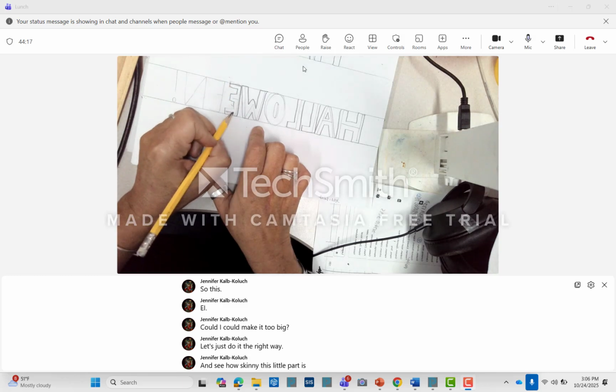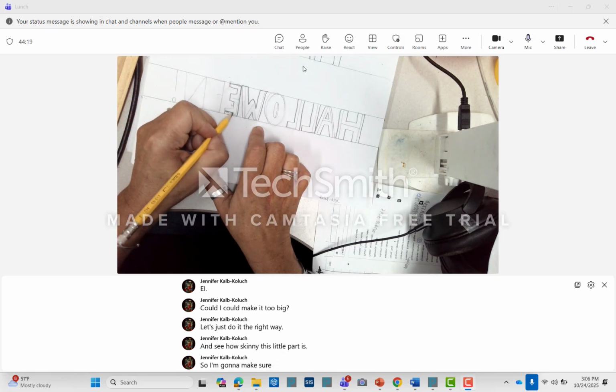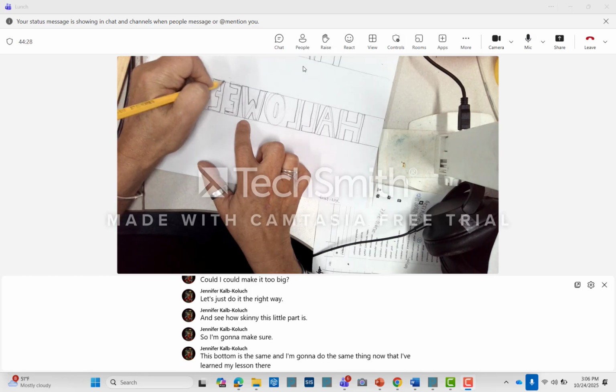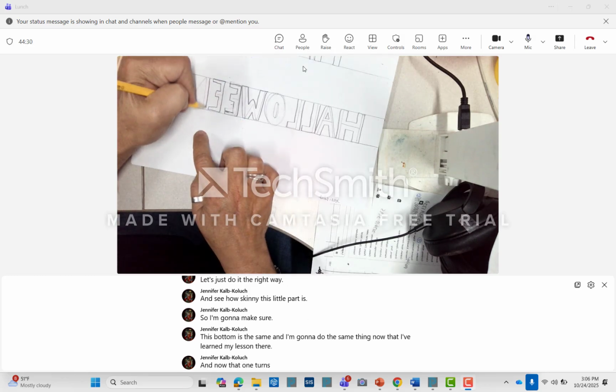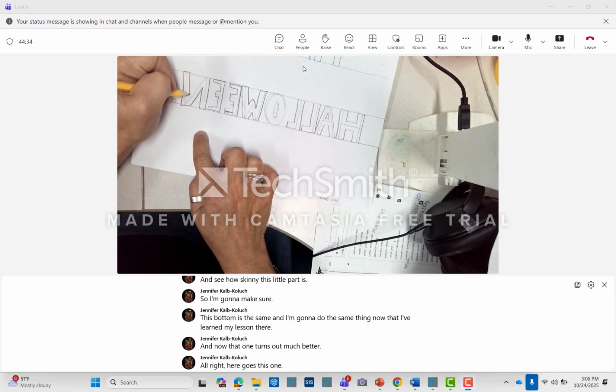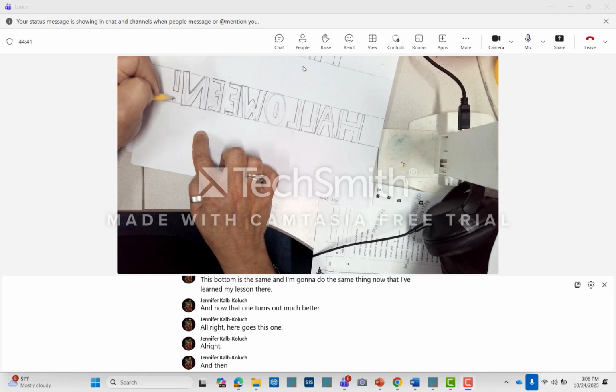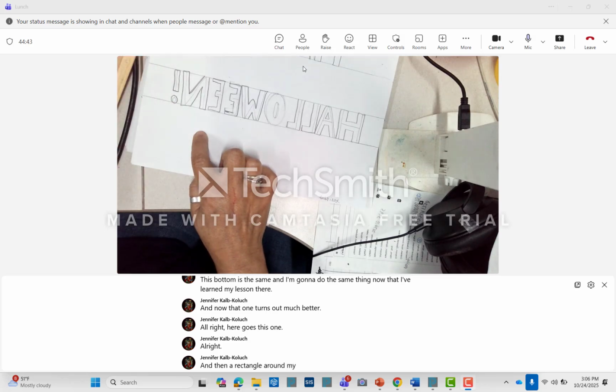So I'm going to make sure this bottom is the same. And I'm going to do the same thing now that I've learned my lesson there. And now that one turns out much better. All right, here goes this one. All right, and then a rectangle around my exclamation mark.